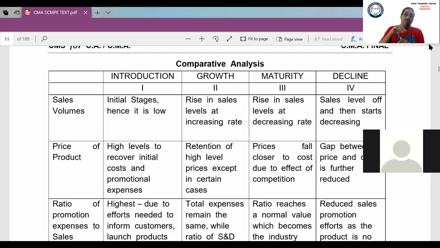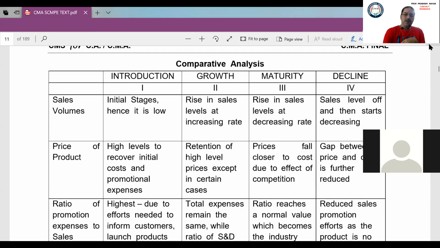And in the decline stage, I may have to sell at cost also. But I look at the entire life cycle, and if I have recovered a large amount of my profit in the initial years itself, I don't mind selling at cost in the declining stage.